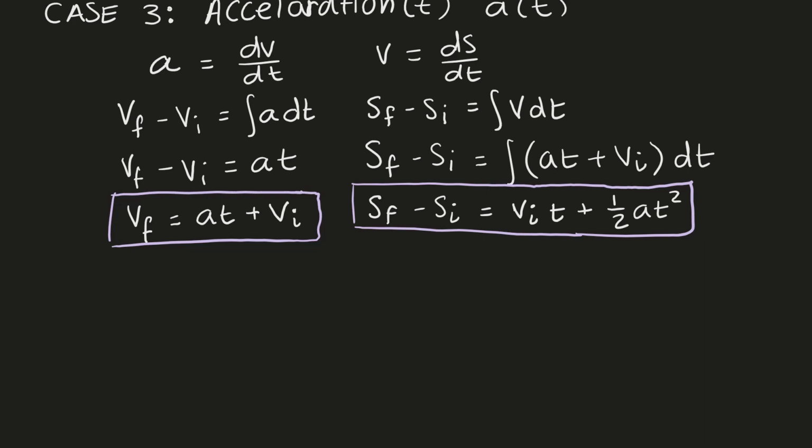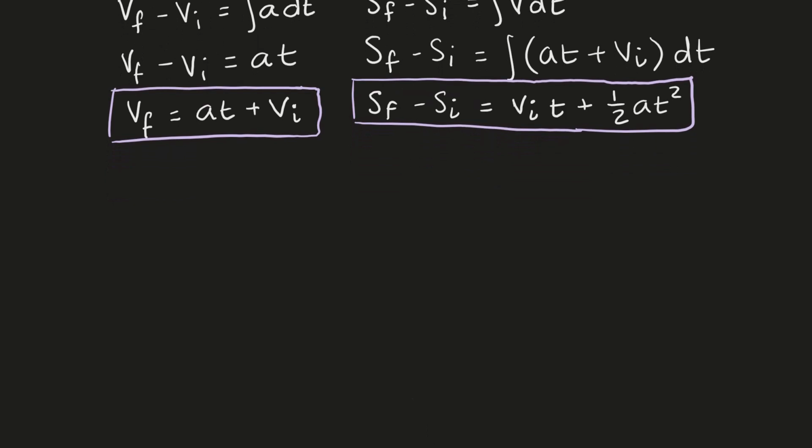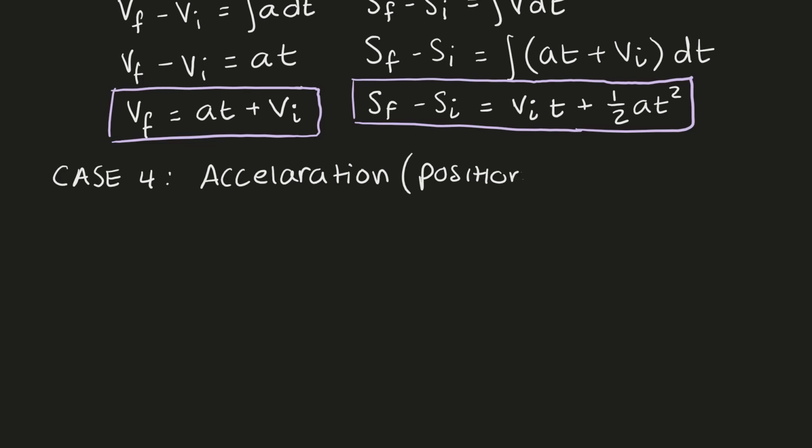All right, so one more case, case 4, and I think that might unveil a little bit more for us. Case 4 says, what if acceleration is given, but this time it's given as a function of position? So acceleration as a function of position, or a of s, we'll call it. All right, so we can begin by writing this equation here.